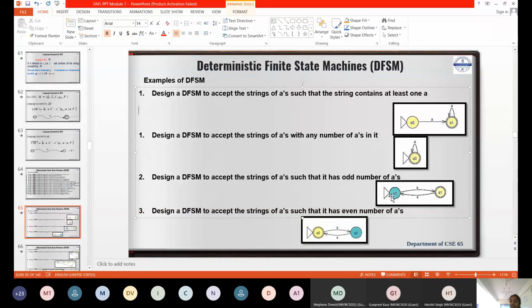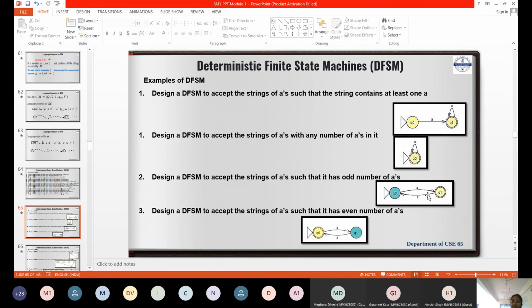So the initial state was the final state. But here, odd number of A's. Odd number of A's means 1A, so final state. 2 A's, not a final state. 3 A's, final state. When I'm in the 4th A, it's an even length. It should not be acceptable. When I'm in the 5th A, it is an odd length. It is acceptable.